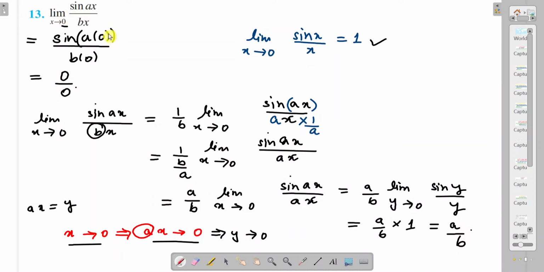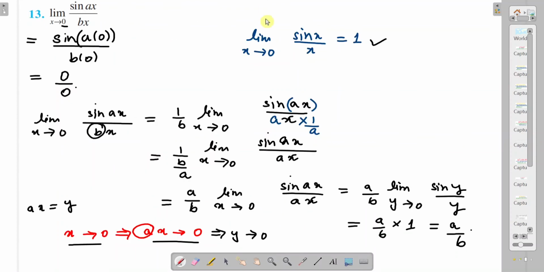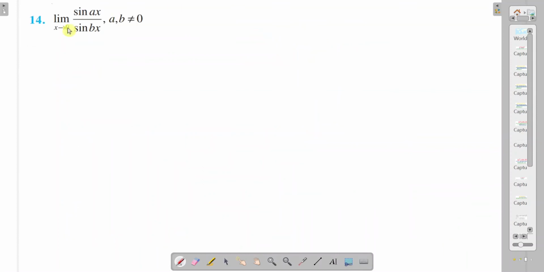And they have not written, but a and b are not equal to 0 here, okay, a and b are not equal to 0, we can take. They have not given, but we have to understand that that is there, so that is the answer 13.